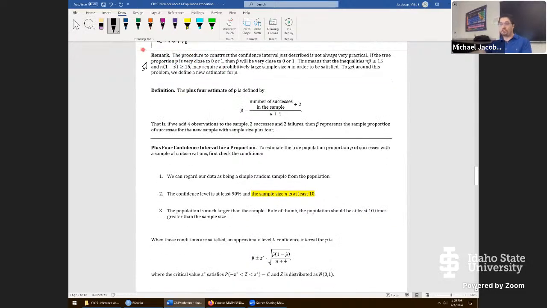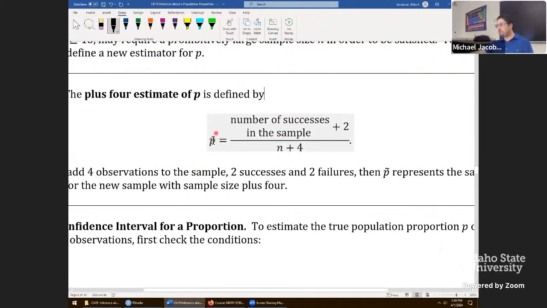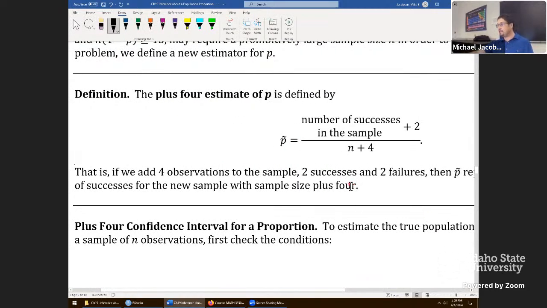The remark here is essentially our issues we have with the large sample confidence interval. And here's how it's resolved. The +4 estimate of P. It's written out this way. You're dealing with a +4 estimate if you have a P that's read as a tilde as your estimator.